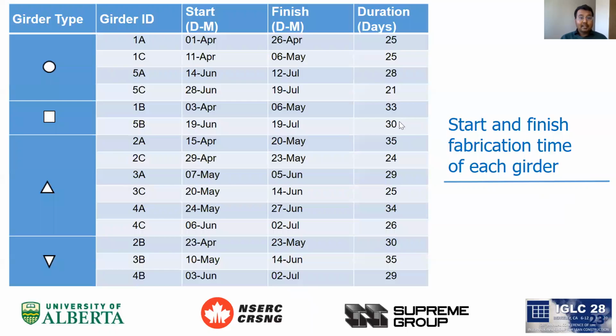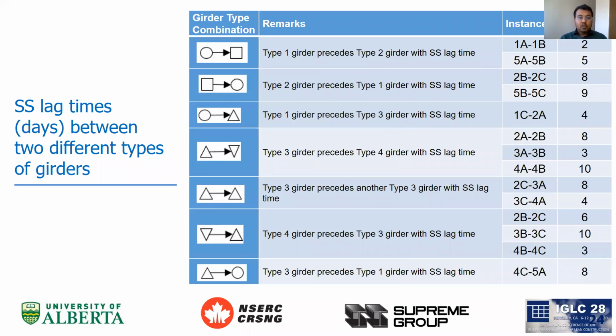Also, if you look at the lag time, you can see that between two girders, the lag time is different for each type of girder. SDSA normally shows these variations in the lag time based on their types and their properties and attributes. So from these two tables, it's clear that shop fabrication duration and start-to-start lags between two different girders have broad variations, and they need to be accounted for and paid proper attention.